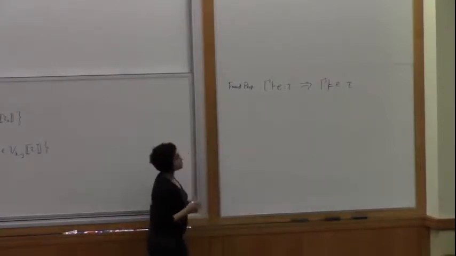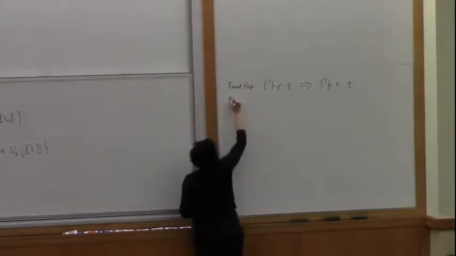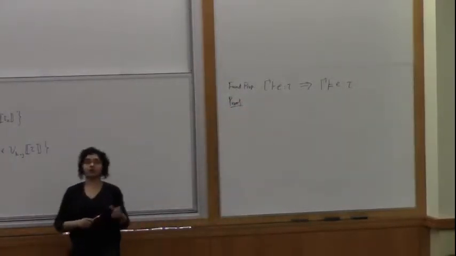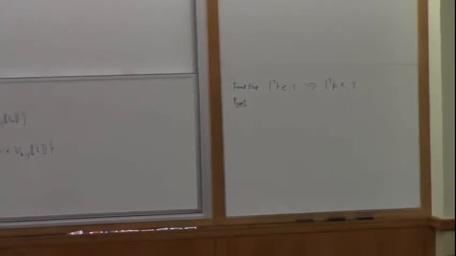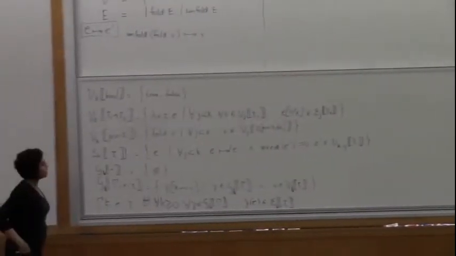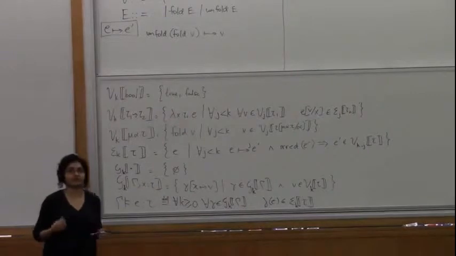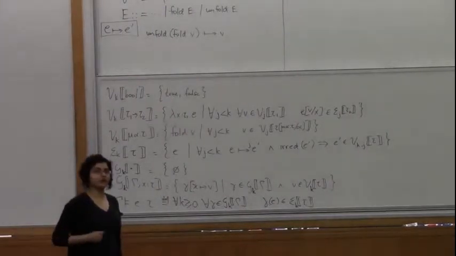That's the thing that we wanted to prove. So what I'd like to do next is go through perhaps one case of that proof, just to give you a flavor of how this works.